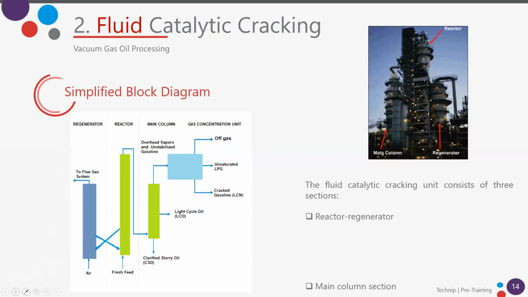Then we will have the main column section, and we'll have the gas concentration section. So we will see now the main aspects, the main description of these sections, and then we will go into more details of each of these sections.